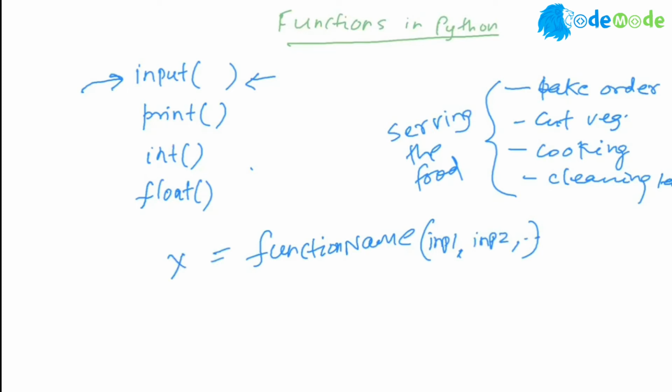This is how you always use a function. This is your output. Let me put it here. This is the output of the function. A function is always on the right side here. Left side is only the variable. This is the function name. And these are the inputs to the function.